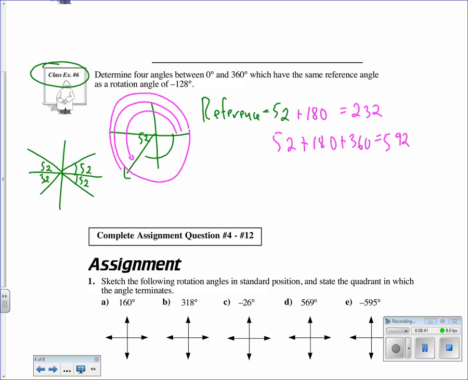So identifying all of those, the first one in quadrant number 1 would simply be 52 degrees. In quadrant number 2, it would be 180 minus 52. Quadrant number 3 would be 180 plus 52. And quadrant number 4 would be 360 minus 52.